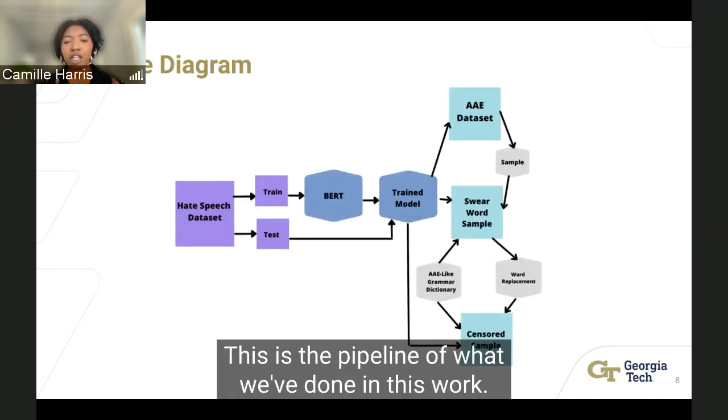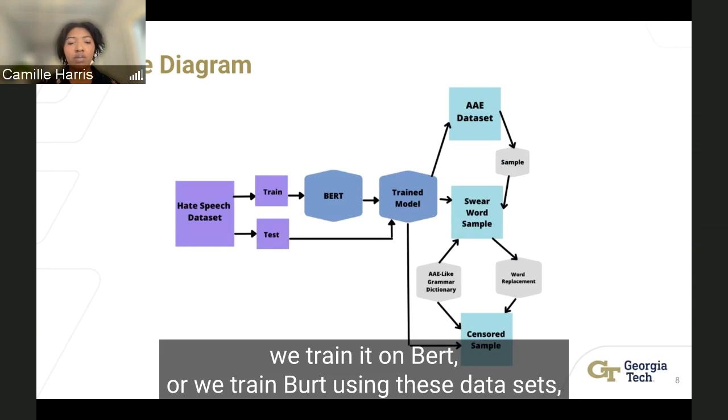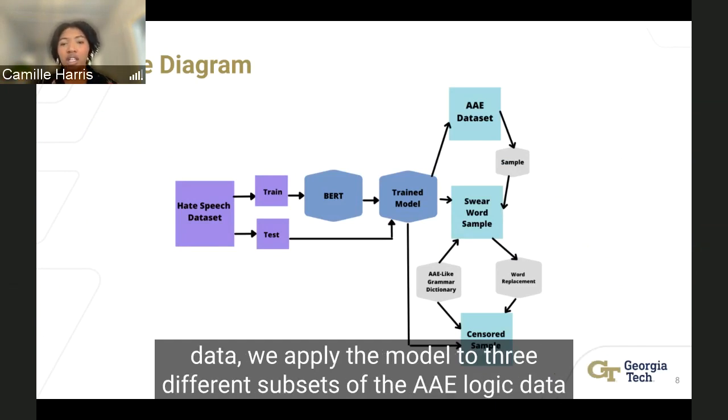This is the pipeline of what we've done in this work. For each hate speech data set, we train BERT using these data sets. And once we have a trained model and we have good performance validated by the test data, we apply the model to 3 different subsets of the AAE Blodgett data set.